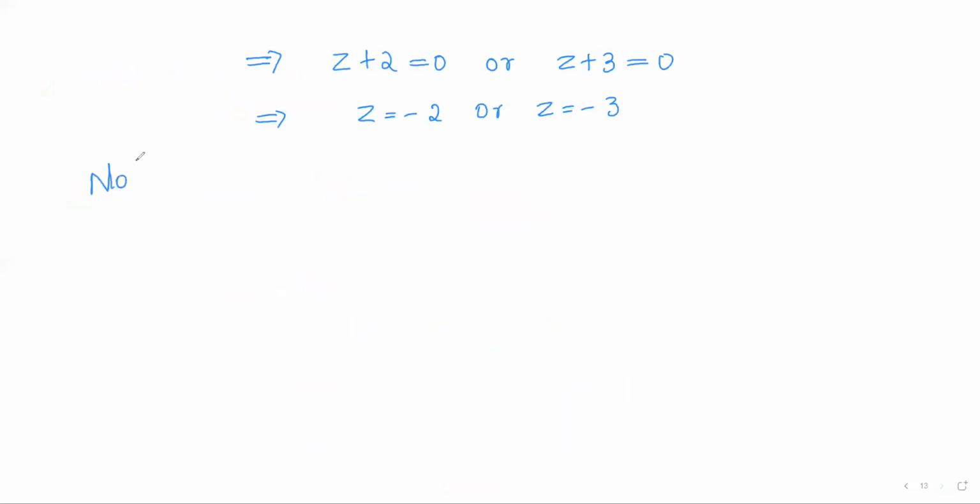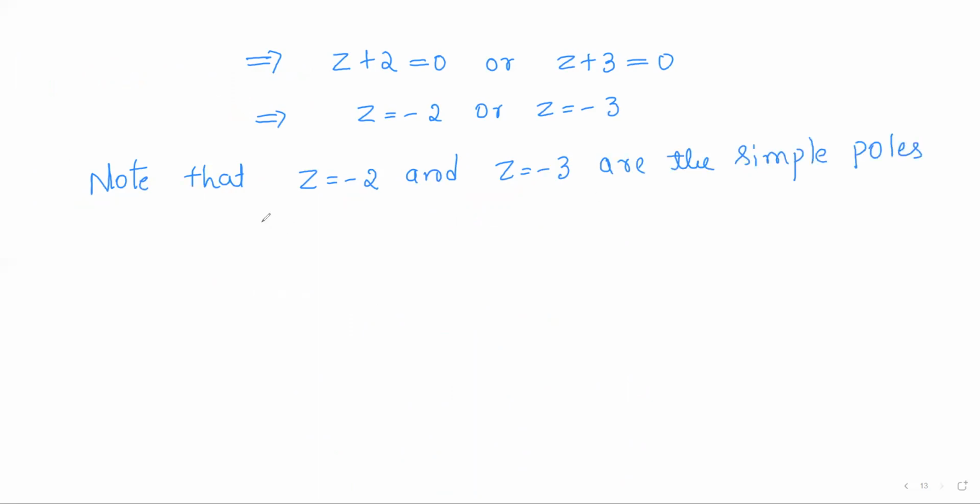So note that z is equal to minus 2 and z is equal to minus 3 are the simple poles of f of z.